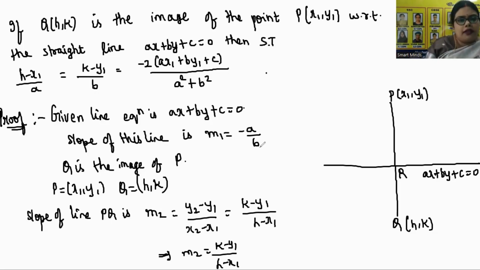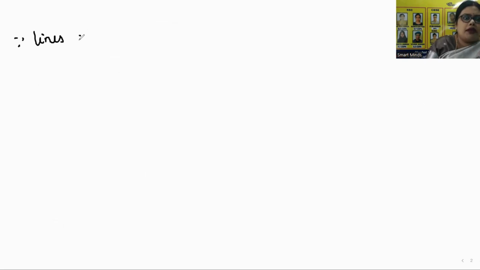Now after we get m1 and m2, you can see in the figure both the lines are perpendicular: the line ax + by + c = 0 and PQ. Since the lines are perpendicular, what is the condition we always use? m1 m2 = -1.